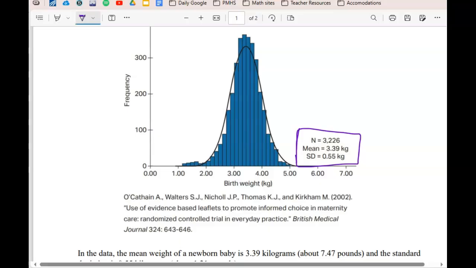Okay. So even though it's not a perfect curve, obviously, it's a histogram, it has edges. But what do you notice? It has the same shape as the normal curve, right? Approximately, roughly. What else?